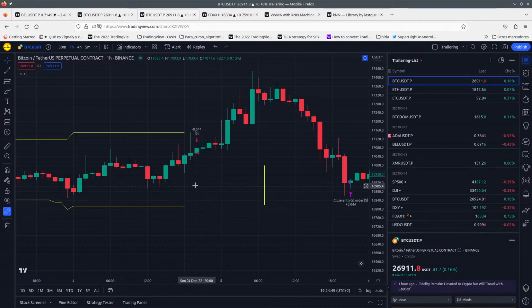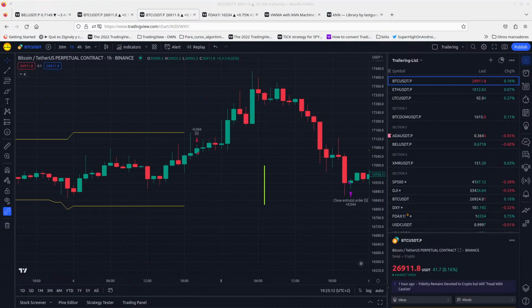If in the first candle, so just after the strategy starts, close it if the low from the first candle is not lower than the high. I mean, I'm not doing this right.